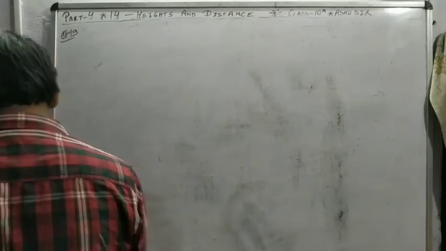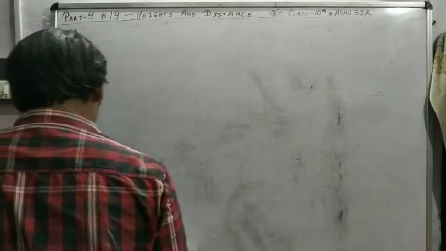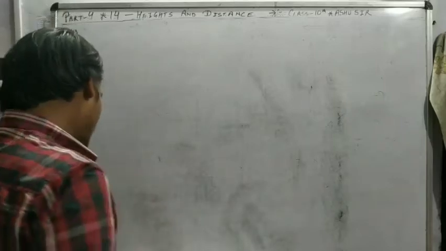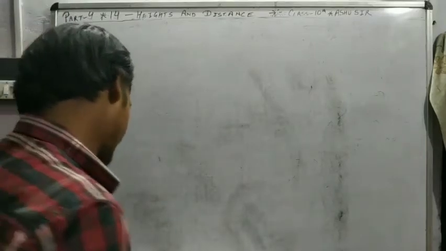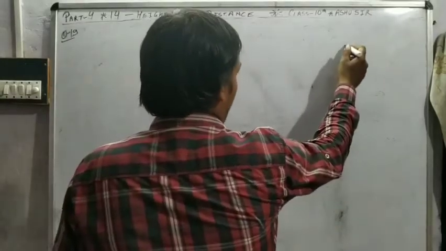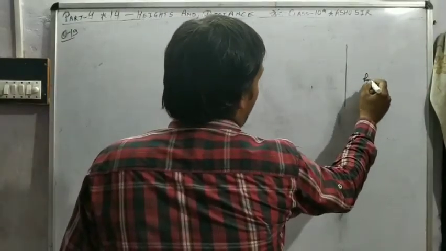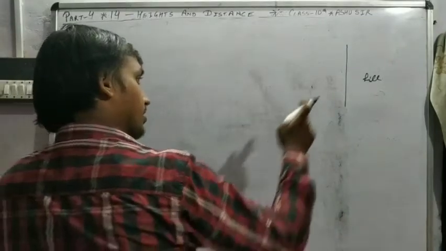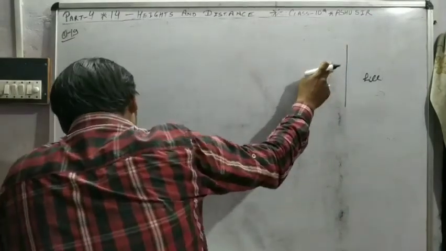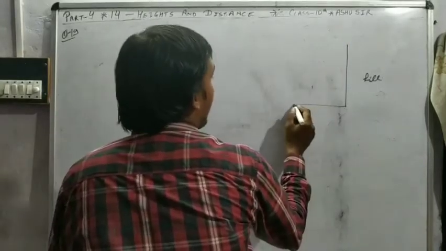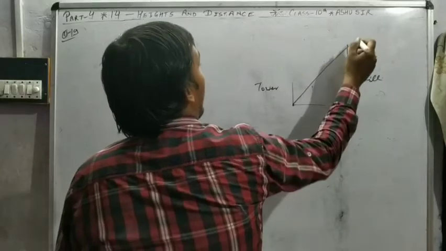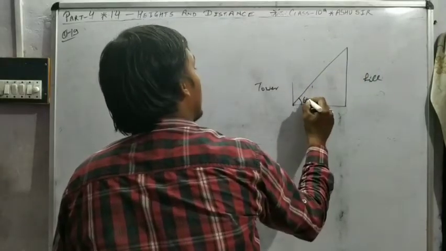Very good question. Only understand it. The angle of elevation of the top of a hill from the foot of a tower is 60 degrees. This is the hill, and the tower is here.